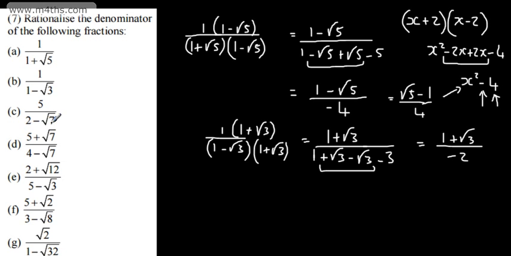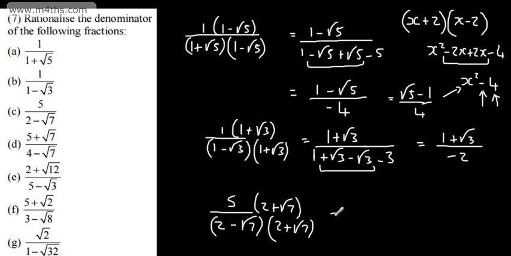Okay, let's do this one. So what we've got then is 5 over 2 minus the root of 7. We're going to multiply the numerator and the denominator by 2 plus the root of 7. So 2 plus the root of 7. What I'll have then is 5 lots of 2 plus root 7.